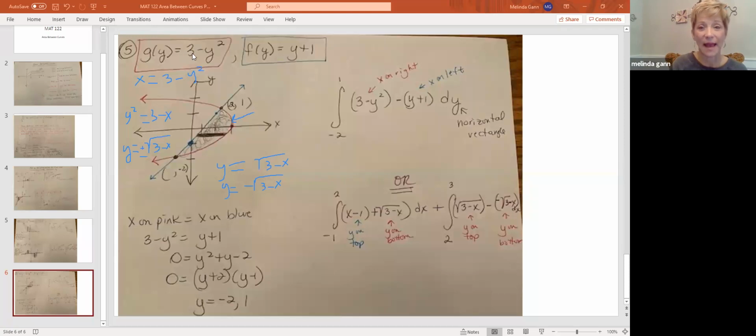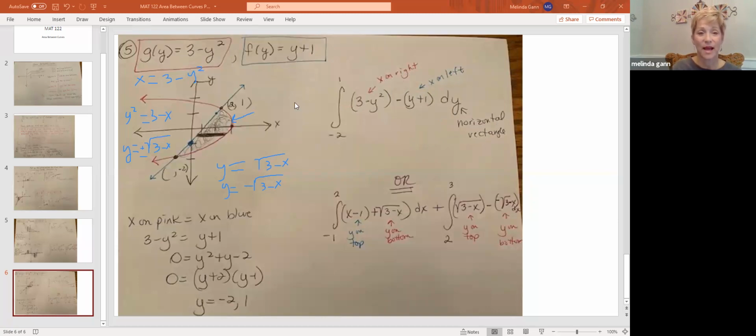So on this pink, my x is the same thing as 3 minus y squared, minus, and then on the blue, my x is y plus 1. So when it's vertical, dx, y on the top minus y on the bottom. When it's horizontal, it's dy and it's x on the right minus x on the left.